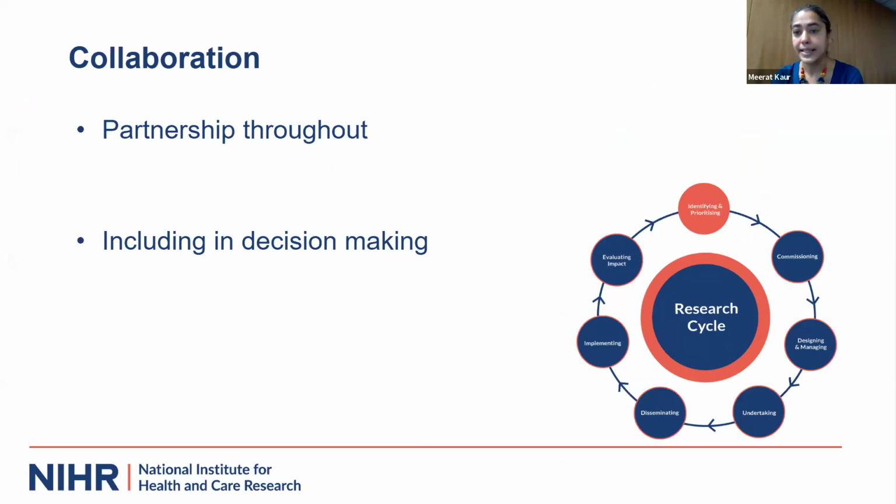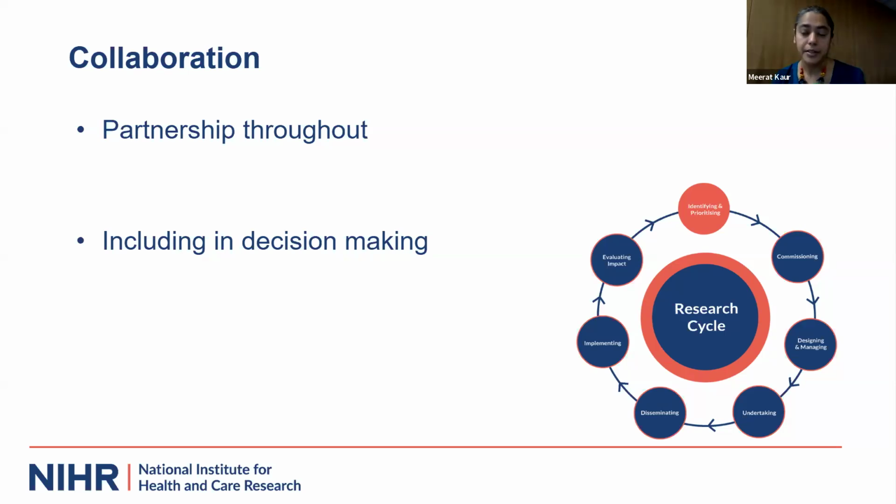A step up from that is collaboration, and this is when you're really working in partnership with each other, researchers and perhaps healthcare staff, working together with lots of different people and communities in partnership. And this is definitely throughout the research cycle.